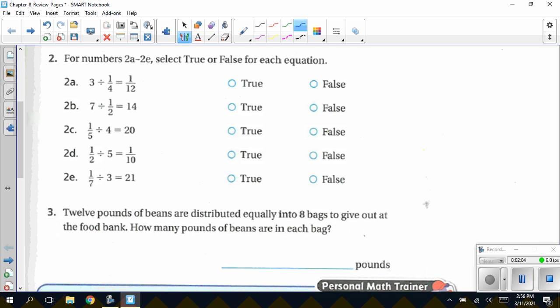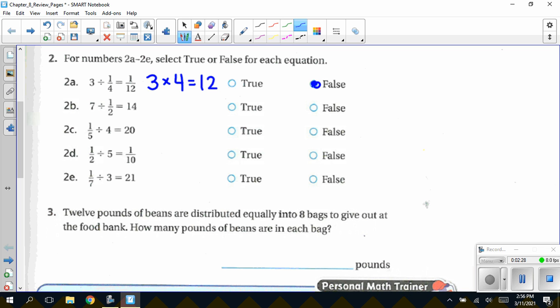So for A, my first number stays the same, times, and I'm going to flip the 1/4. When I flip it, that changes into 4. And we know that 3 times 4 equals 12. They had the original answer as 1/12, so we find that this would be false because the final answer is 12.